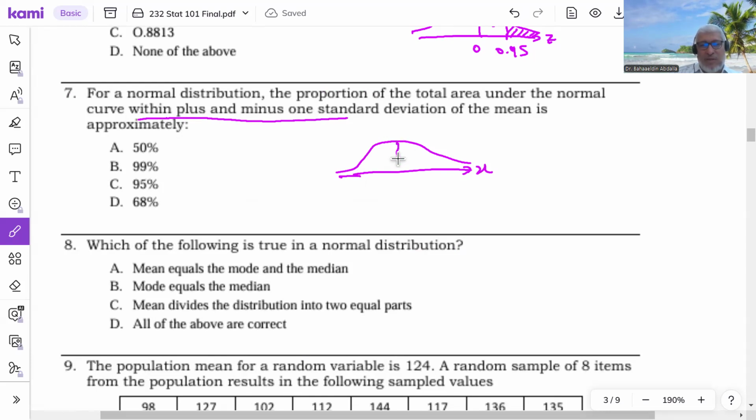So you go from the center, 1 standard deviation to the right and 1 standard deviation to the left. So he's asking about this proportion. What is this? We have from the empirical rule that in a normal distribution, approximately 68% lies within 1 standard deviation from the mean. So that's the correct answer.